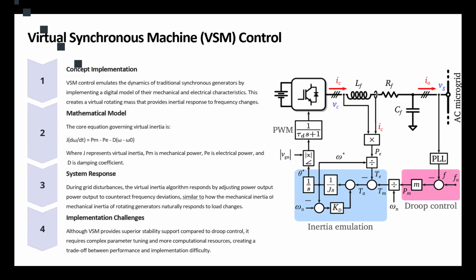In the virtual synchronous machine, the main difference is that because we're modeling our inverter as a virtual synchronous machine, again we need a PLL. Why? Because we want to create a virtual rotary machine that works with a certain frequency of the grid.